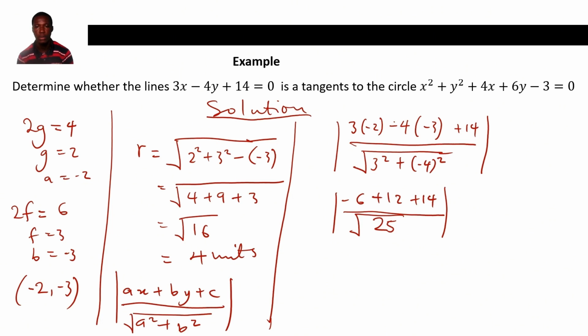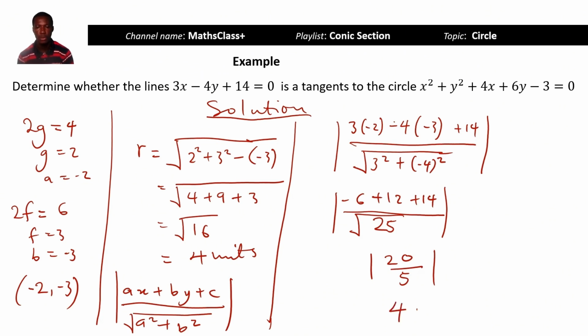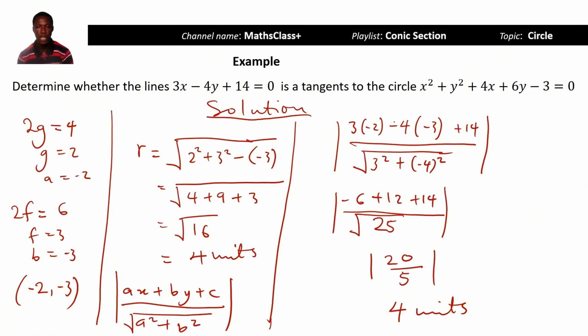So negative 6 plus 12 will be positive 6, and plus 14 will be positive 20 over root 25 is 5, and that will give me 4 units. Now looking at the length and the length of the radius, we can conclude that the line 3x minus 4y plus 14 equals 0 is a tangent to the circle.